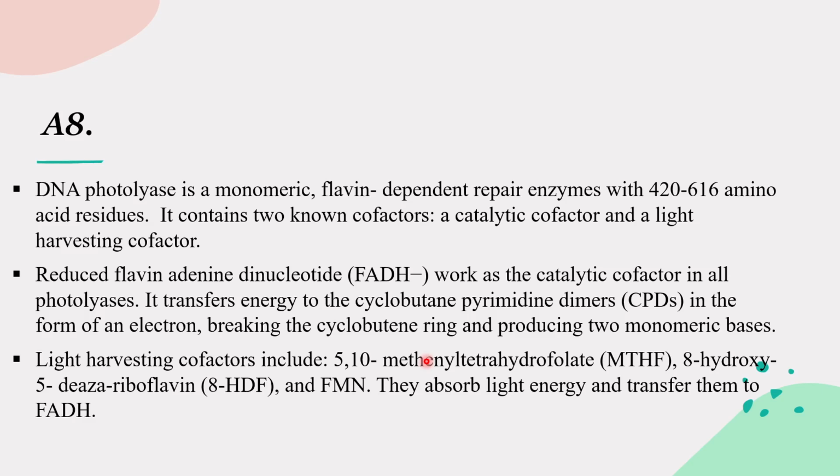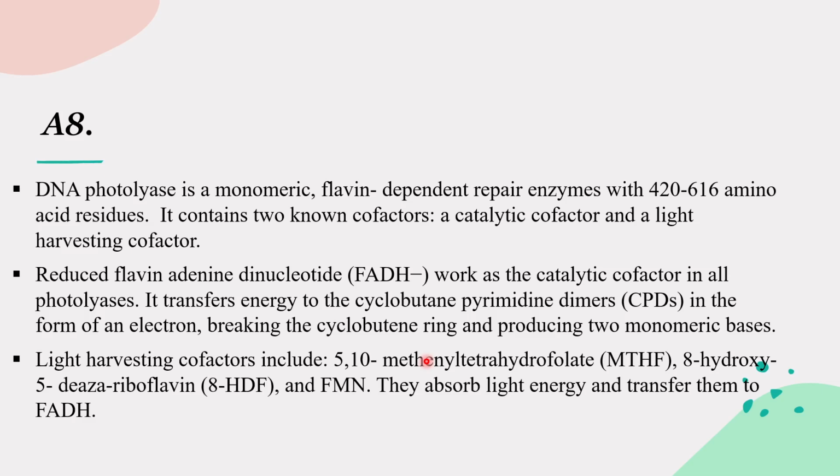So this flavin adenine dinucleotide provides one electron and breaks the cyclobutane ring to produce single monomeric bases. And the light harvesting cofactors include MTHF, 8-HDF, FMN. They absorb light energy and transfer it to FADH. Understood?